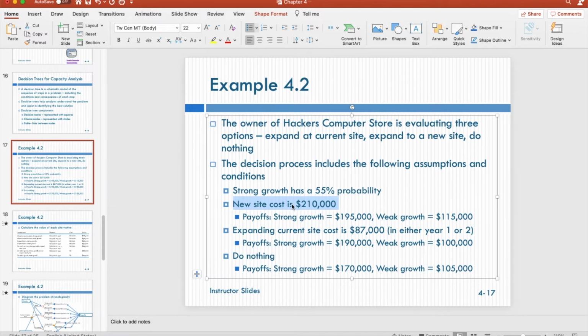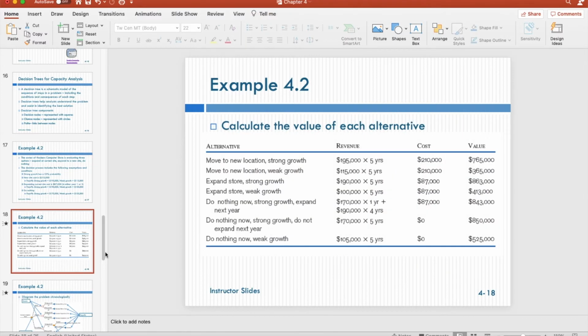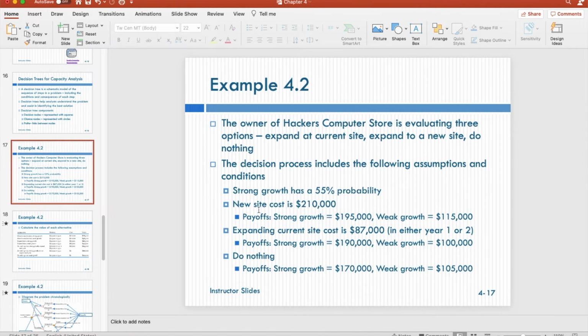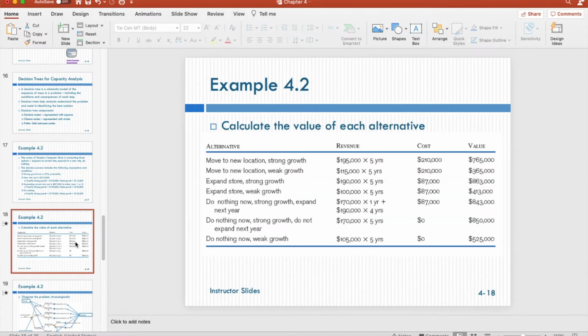So the cost is 210,000, incurred at the beginning of year 1. That's why it is not multiplied by 5. The revenue is generated every year, which is why you multiply by 5, but this is a one-time cost. Let's make it very clear.